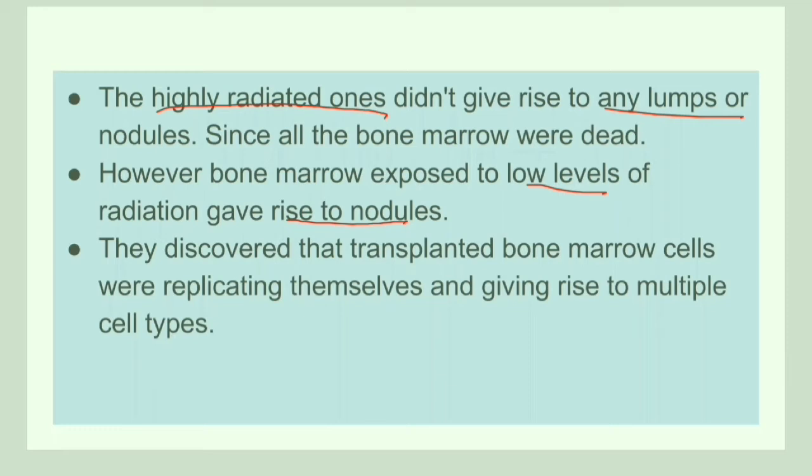This showed that the bone marrow was dead in the highly radiated mice, while in the low radiated ones, the bone marrow was alive. Through this experiment, it was concluded that the transplanted bone marrow cells were able to replicate themselves and also give rise to multiple cell types.